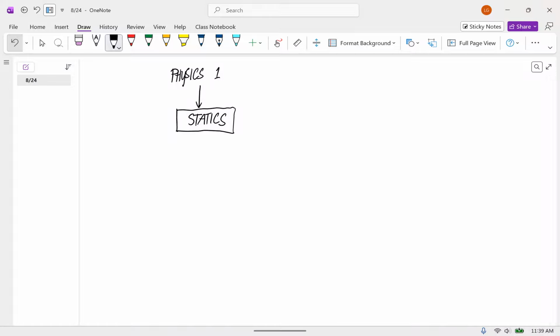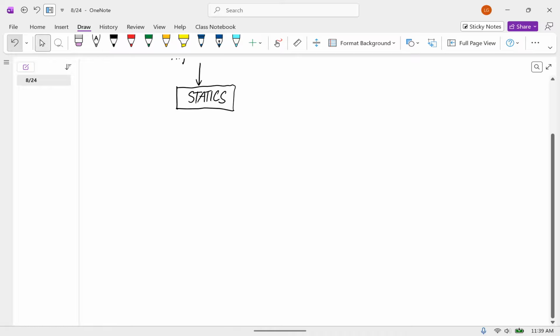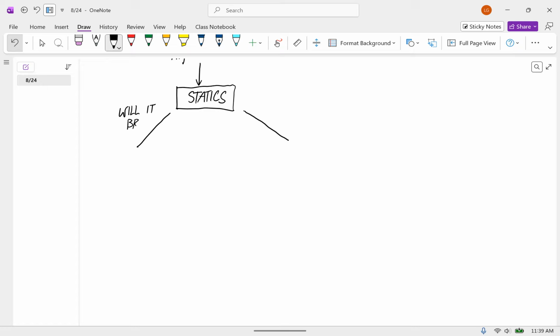And then from statics, mechanics kind of goes in two different directions. So over on one side, I'm going to call this side, Will It Break? And over on this side, I'm going to call this How Will It Move?